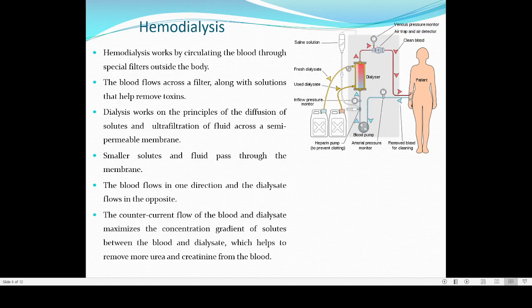This is the counter current system. That is the technique of using a dialysing machine for the purification of the blood. This system is known as hemodialysis, and it's an expensive technique. You can do this hemodialysis only in a hospital.